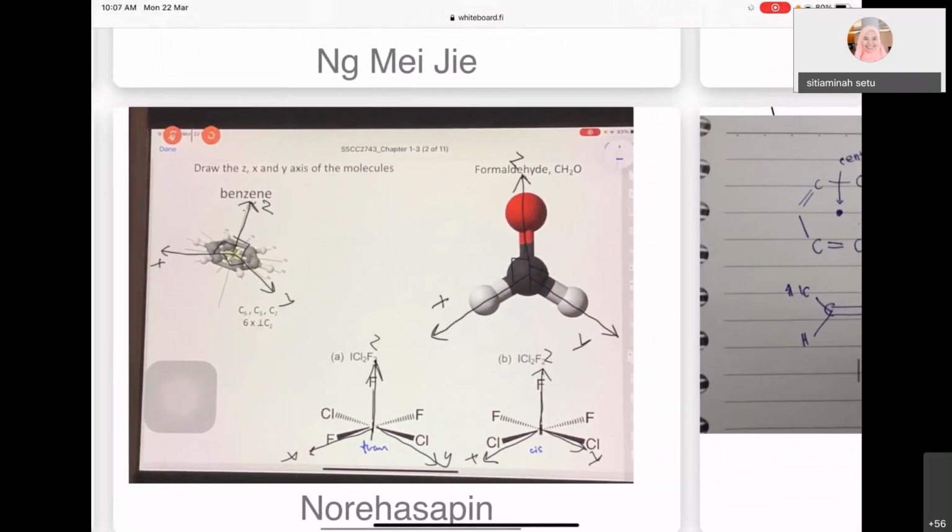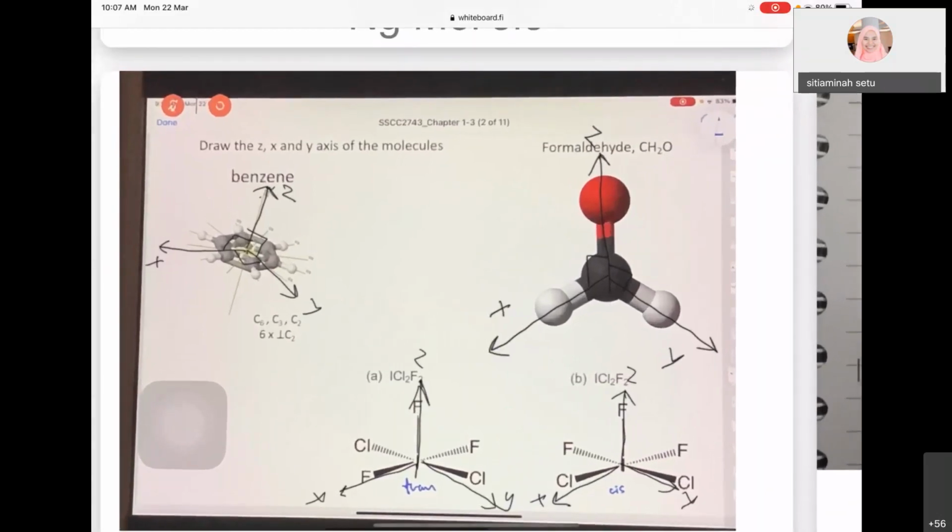Okay, good. And then X mestilah if the molecule is in the plane and the Z axis is out the plane, so X mestilah in the plane. Okay. So and then X must go through the most number of atom. Okay, kalau you tengok kat sini, dia ada C2 dengan C2 prime dengan C2 double prime.